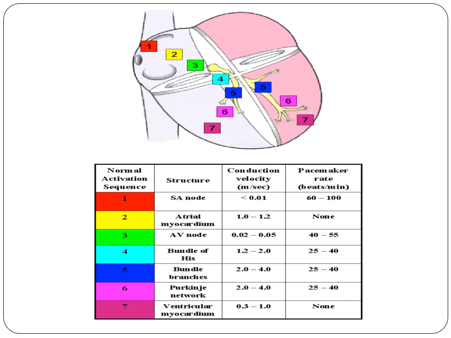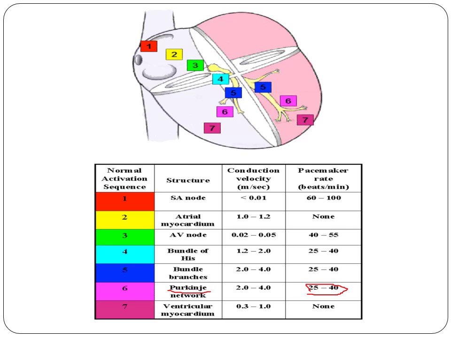This figure is just showing you the different pacemaker rates of the structures of our cardiac conduction system. So, as I've mentioned a while back, the Purkinje network will produce its own action potential if the SA node or the AV node fails.